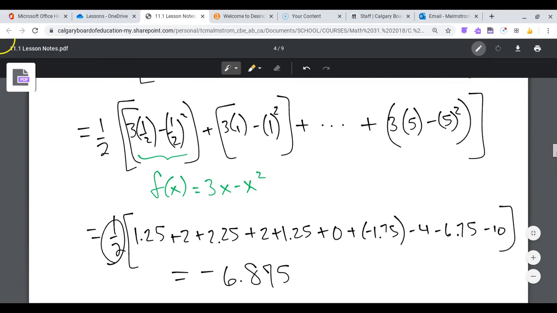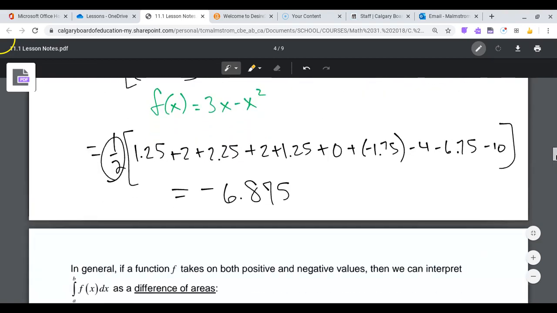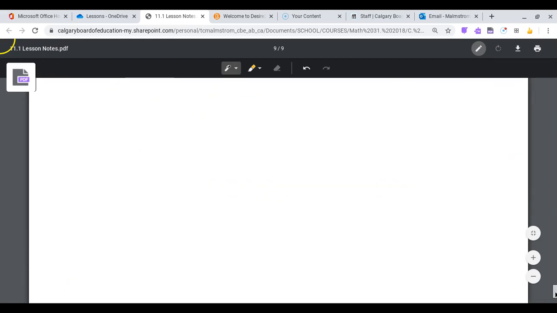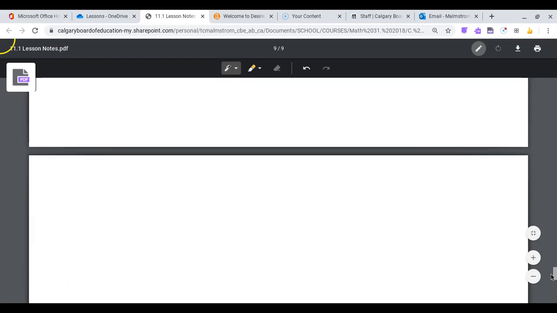Okay, the second option, and I didn't give myself enough paper to do it, I have a blank page at the end, so we'll go there. The second option, so this is example 2, would be that we actually built a formula for this on the previous page.